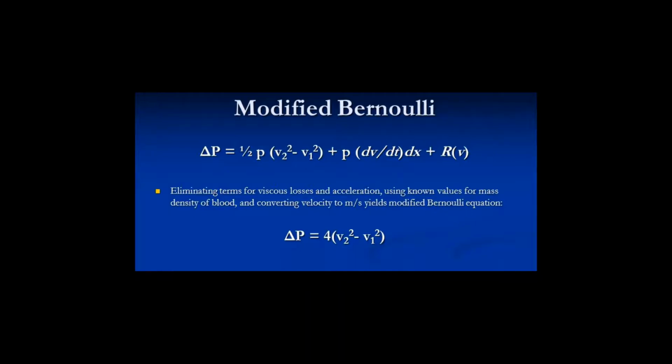What is V2 and what is V1? V2 is the distant or distal velocity. V1 is the proximal velocity.